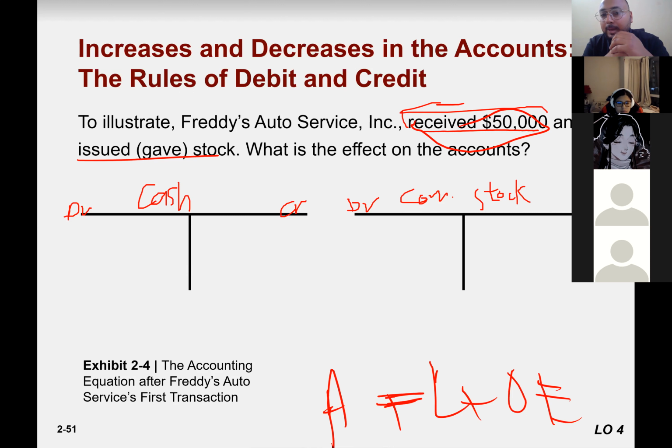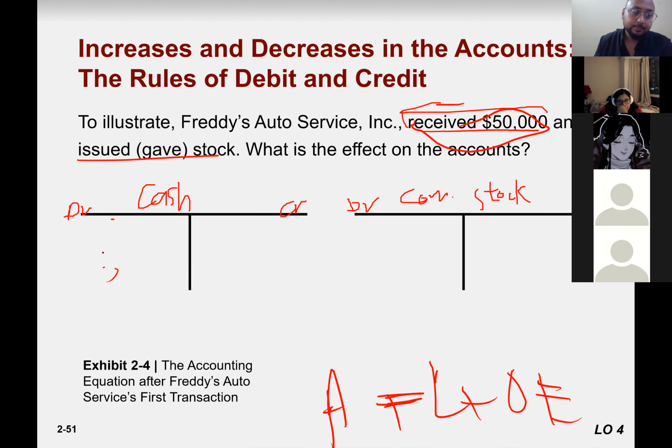Well done. So what did we say about debit and credit? Asset increase, where do we need to write, debit side or credit side? Debit.